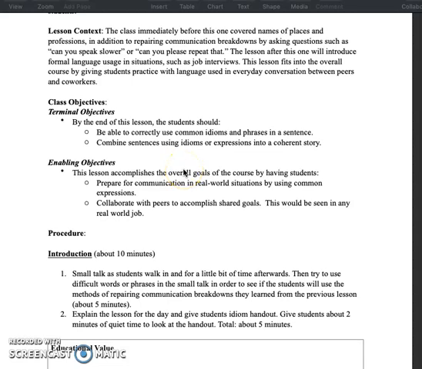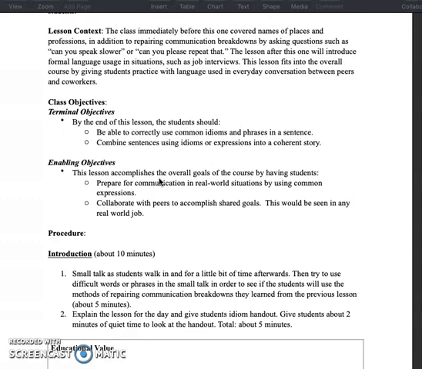All right, so on the terminal objectives, by the end of this lesson, the student should be able to do the objectives listed, which I think are more like enabling objectives, and the enabling objectives look more like terminal objectives because it clearly states the overall goals.